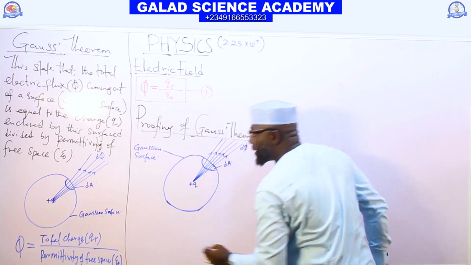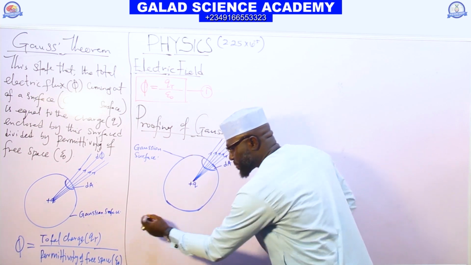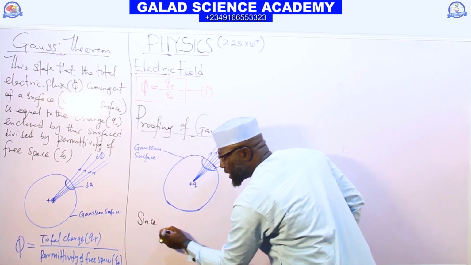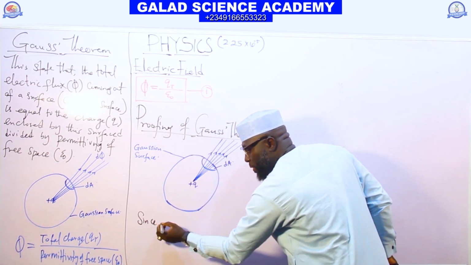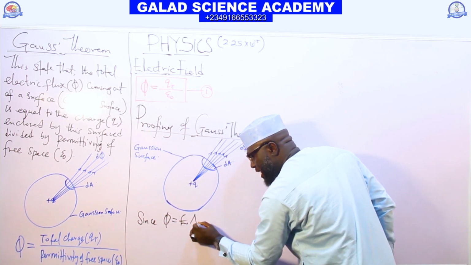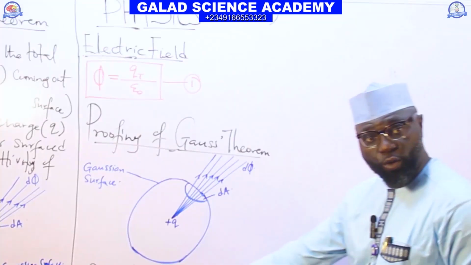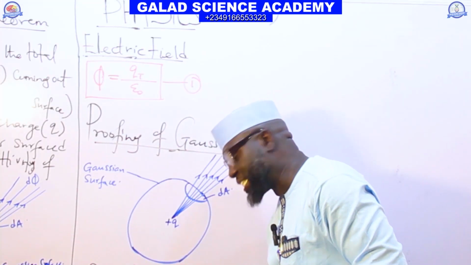So from this surface now, if you remember from electric flux, flux is equal to E A. Electric flux is a product of field intensity and area.